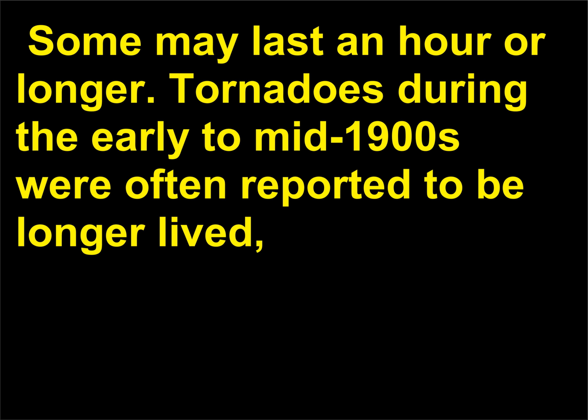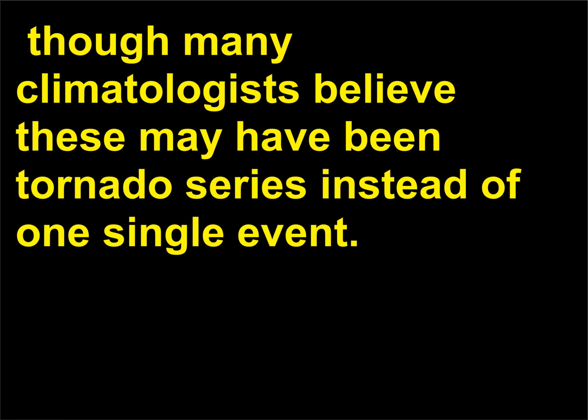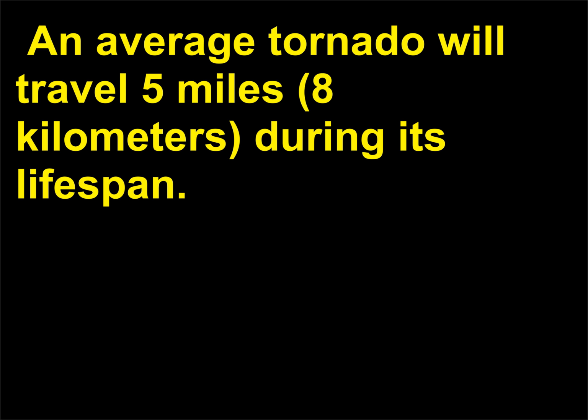Tornadoes during the early to mid-1900s were often reported to be longer-lived, though many climatologists believe these may have been tornado series instead of one single event. An average tornado will travel 5 miles, 8 kilometers, during its lifespan.